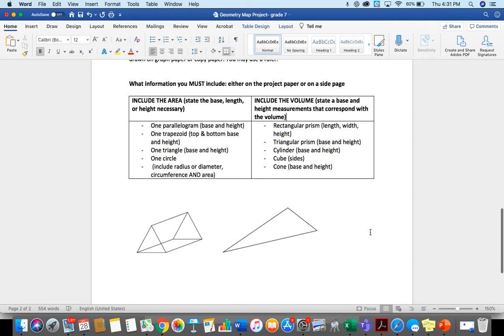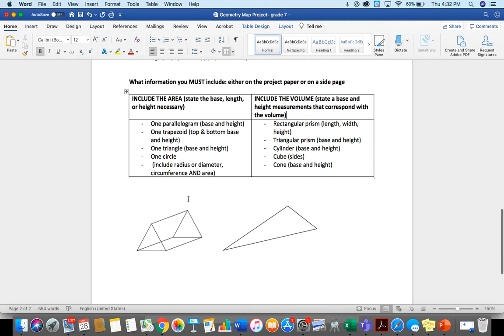And then other things that you must include. This can be on the project directly or on a side page. This is kind of most of the things that we have gone over. So things that you need to include for area, and it says you need to state the base length or height if necessary. So for example, for your parallelogram, it says you need the area of one parallelogram. So for this one, you must include the base and the height.